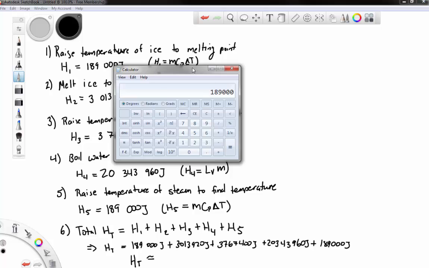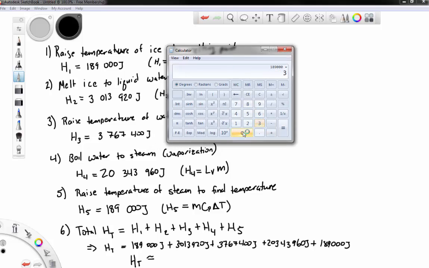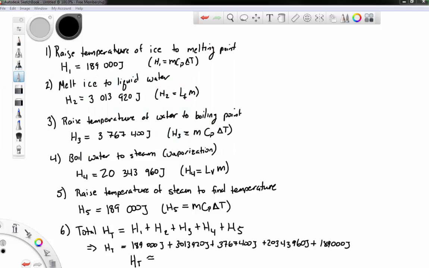So 189,000 is our first one. So that plus 3,013,920 plus 3,767,400 plus 20,343,960 plus 189,000. So this gives us our total, 27,503,280.